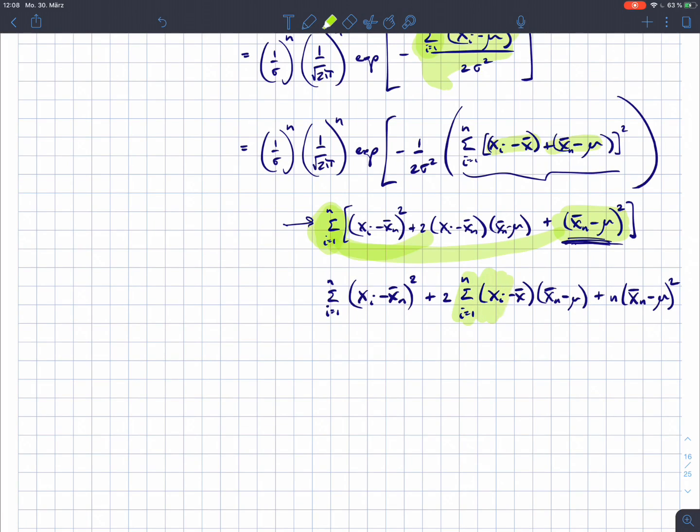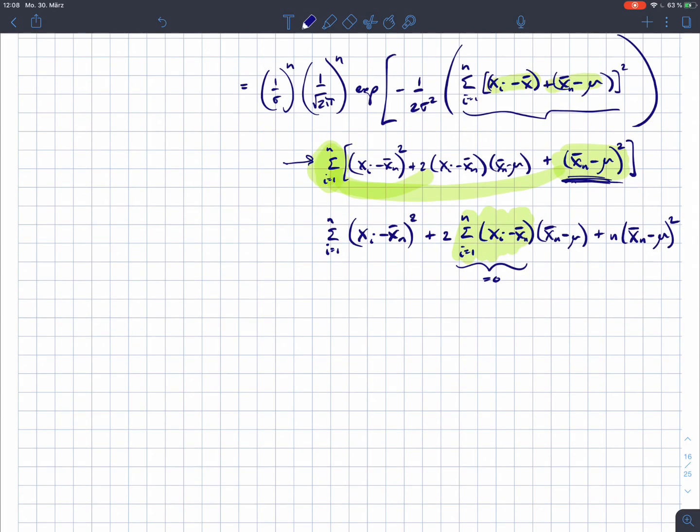Let's continue to simplify a little bit more. This thing I think we've seen before. This is always 0. Okay? If I take the sum of the deviations from the mean, I always get 0. That's because I know that the sample mean is 1 over n times the sum of the xi's. So that means the sum of the xi's equals n times x bar.